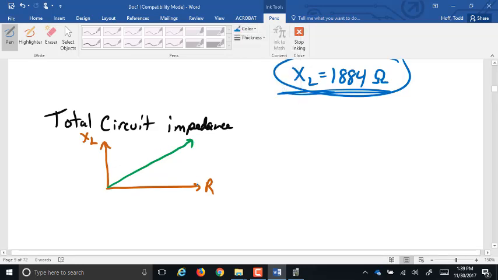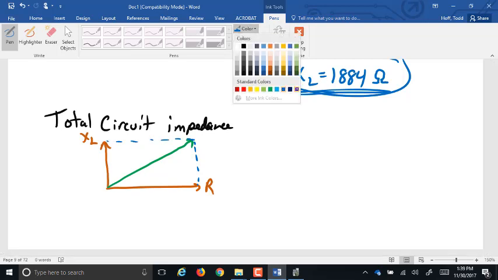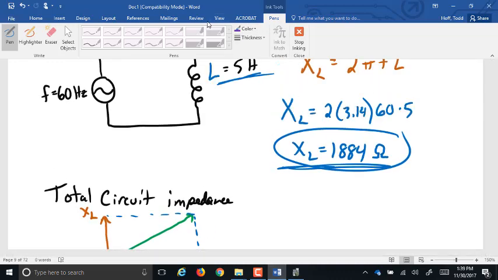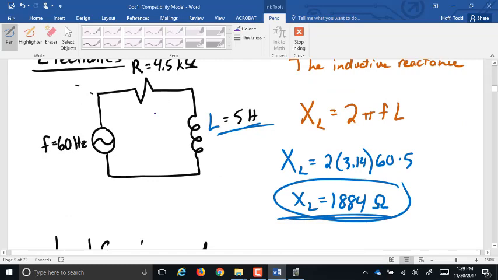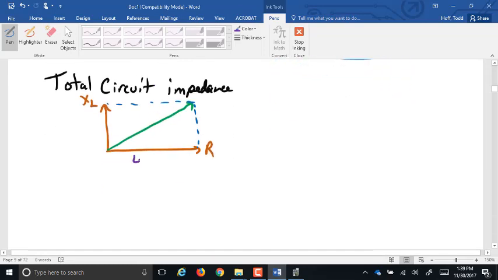The total resistance, total impedance of the circuit, is that amount right there. We can think of it as being the diagonal distance across that rectangle. Well, how would I find that length? Well, we know that R is 4,500, 4.5 kilo ohms, right? And we know that XL was 1884 ohms. So this distance across here, that's basically a right triangle, isn't it?